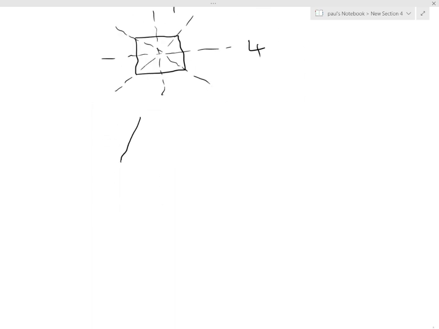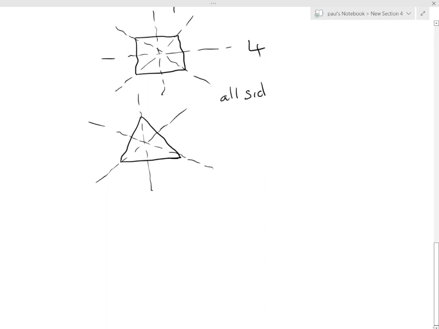A triangle, now this will be an equilateral triangle, has a line of symmetry there, a line of symmetry there, and a line of symmetry there. Now when all sides, so that one's got three, when all sides and angles are the same, then we call it a regular shape.